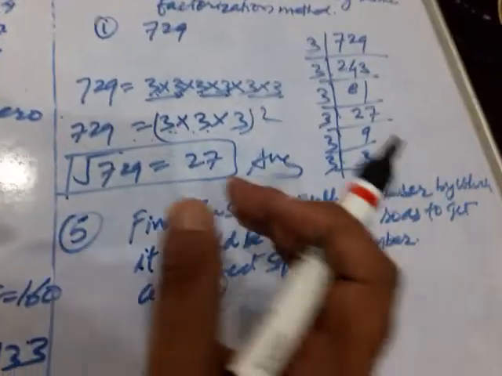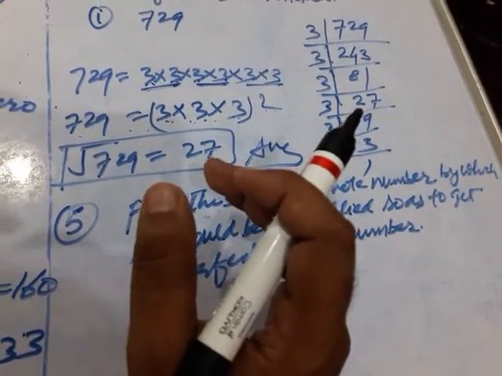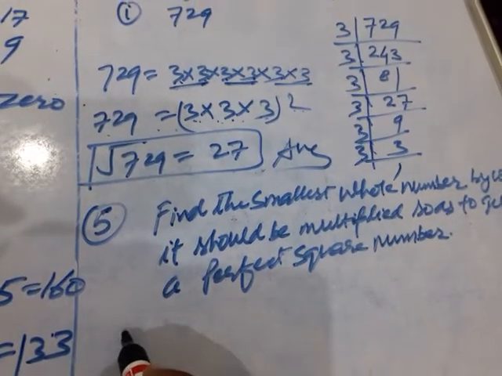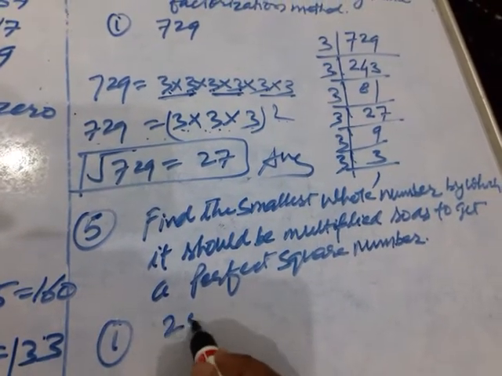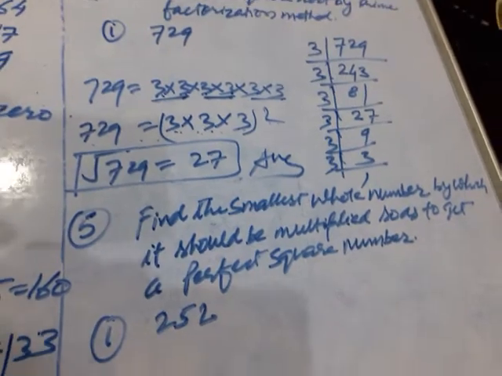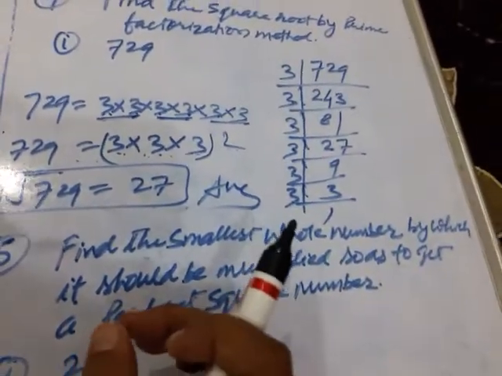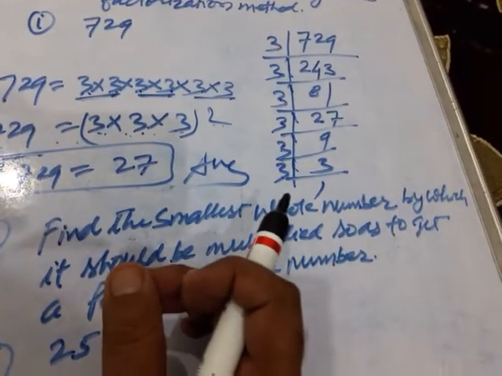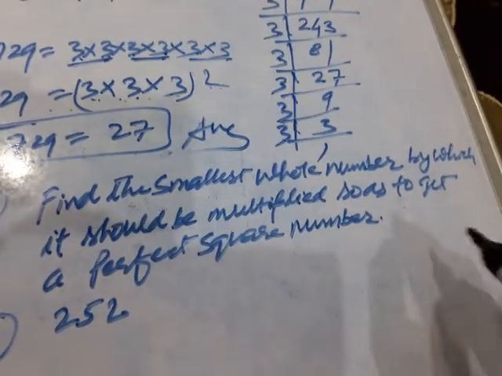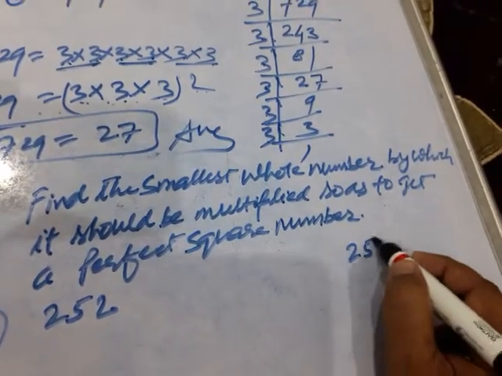The number is 252. Okay children, what will you do first here? We will find the prime factorization of 252.